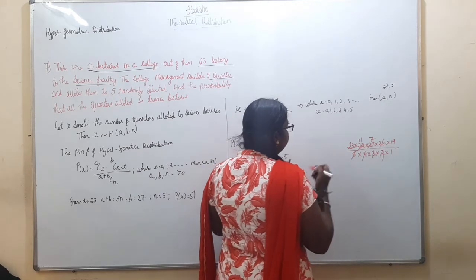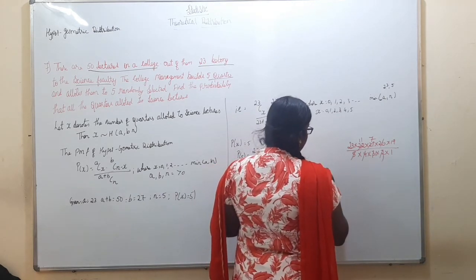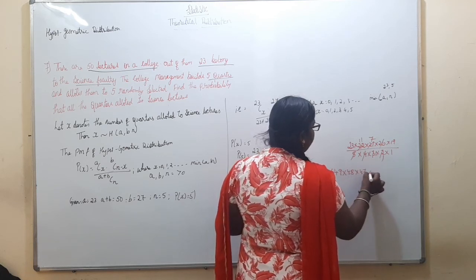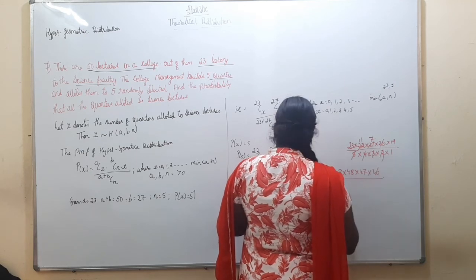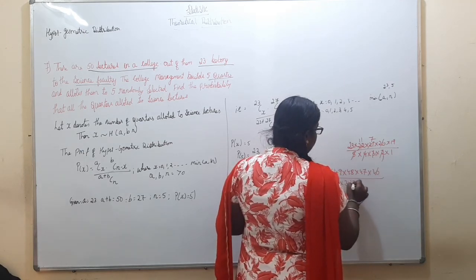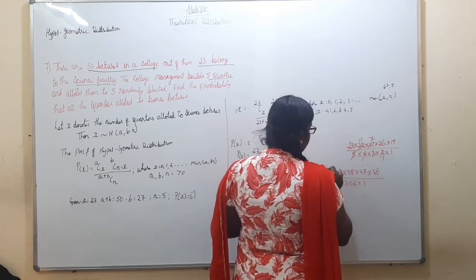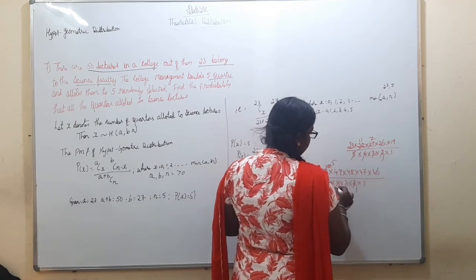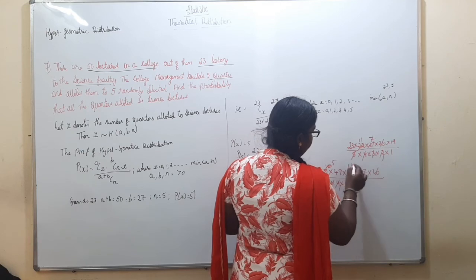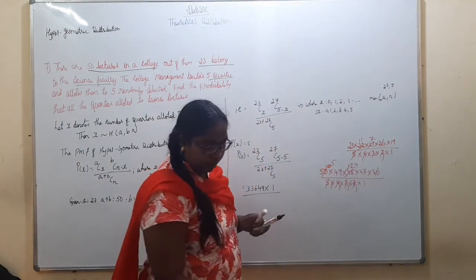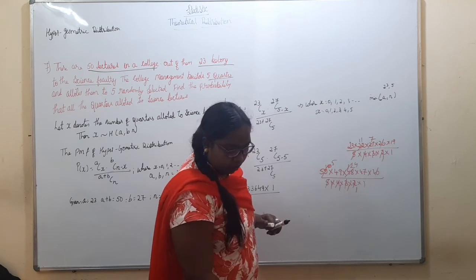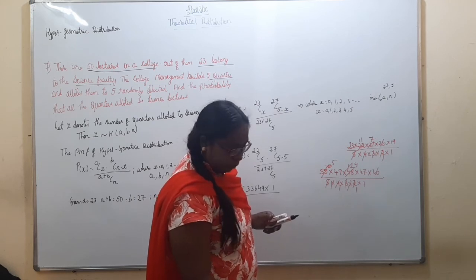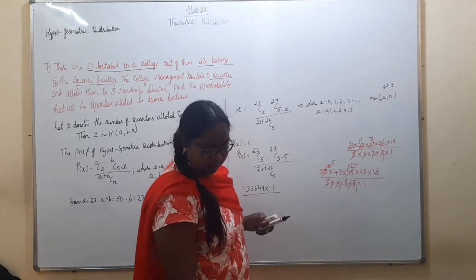So here 50, 49, 48, 47, 46 divided by 5, 4, 3, 2, 1. Cancelling, I will remain with 5 into 49 into 4 into 47 into 46.